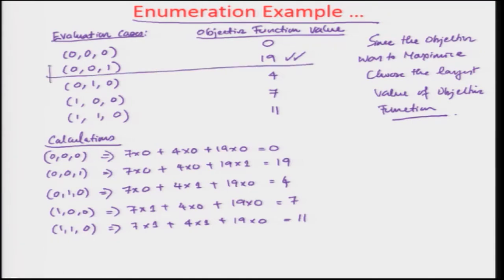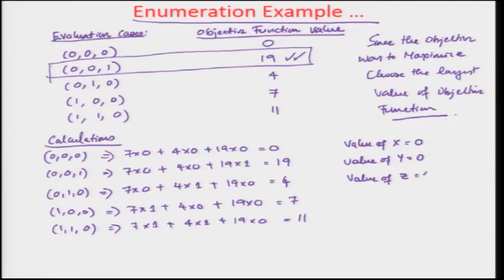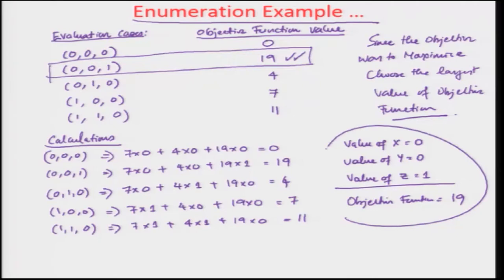So, we say this is the best possible solution. The solution is that the value of x is equal to 0, the value of y is equal to 0, the value of z is equal to 1, and the objective function is 19.